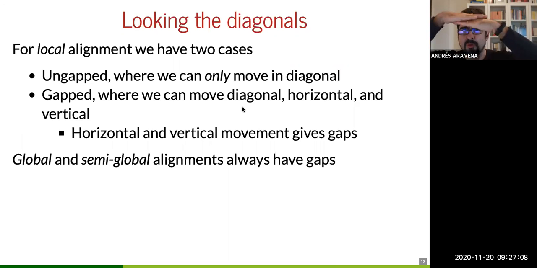In the simple version of BLAST, in the simple version of local alignment, you do it without gaps. In that case, you only do diagonals. And if you want to put gaps, then you need to move vertically and horizontally. And essentially, that makes the problem harder.